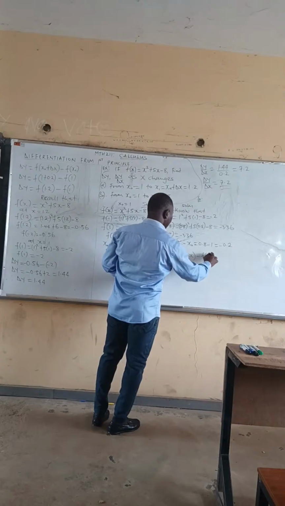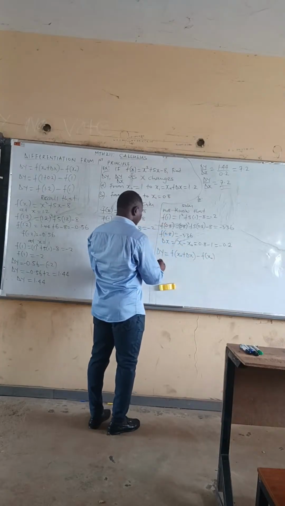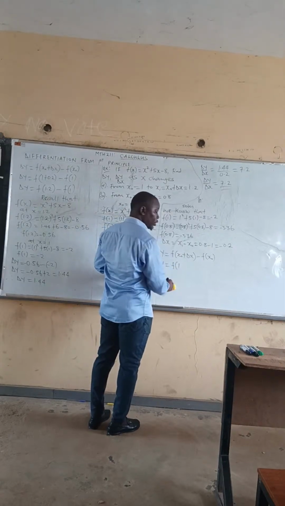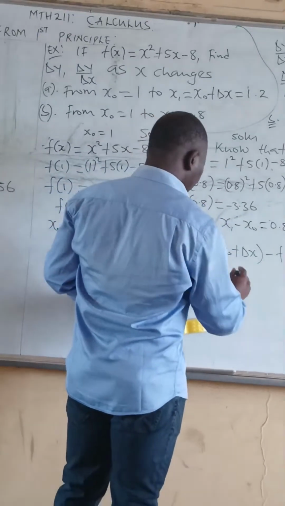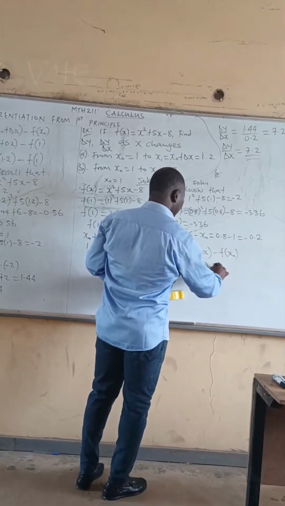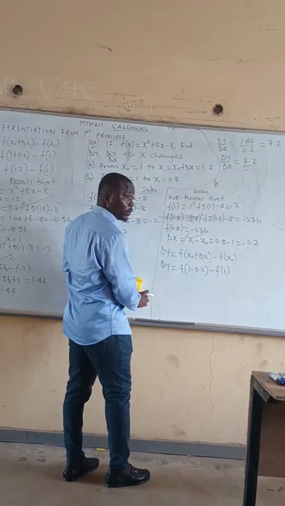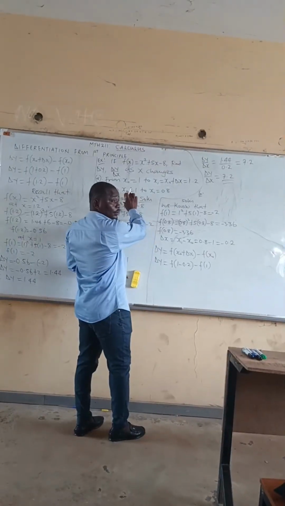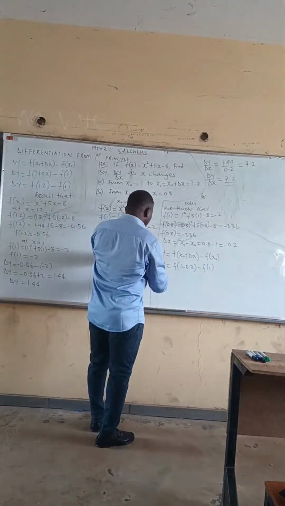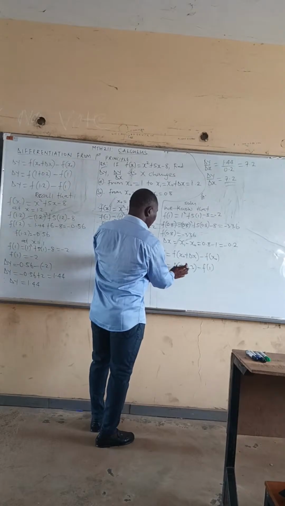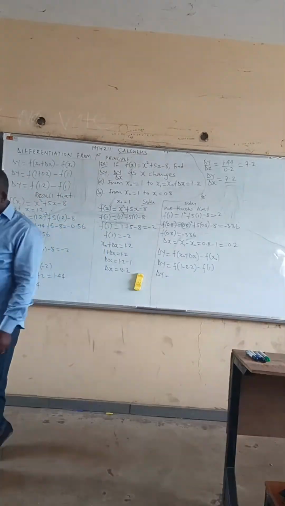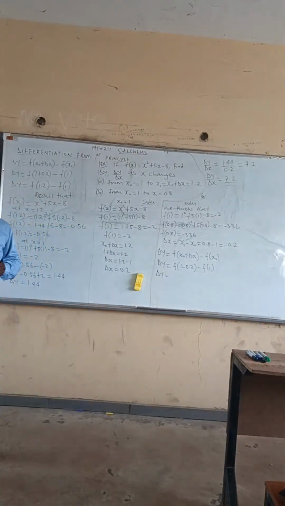So here, dy is equal to f of x naught plus dx, which is 1 minus 0.2, minus f of x naught. What are you supposed to have? 0.8, right?